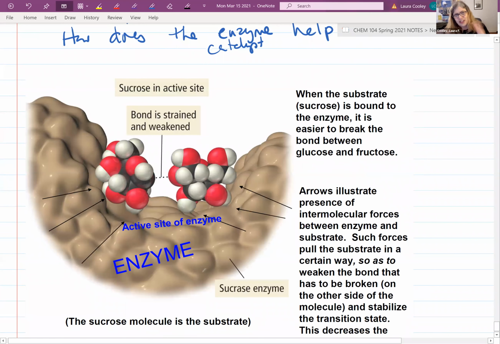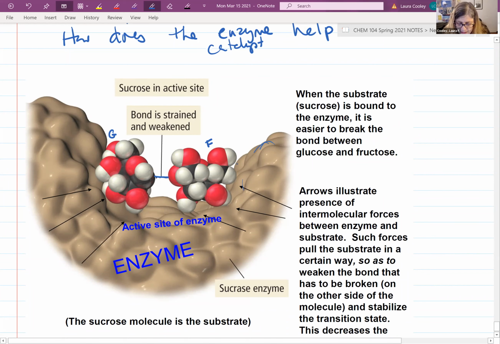And I love this totally general picture because all this tan brownish stuff over here is representing the active site of the enzyme. And here is the sucrose, and it's showing the glucose, and so one of these is probably glucose, I don't know which is which, and fructose. And it's showing this bond here.